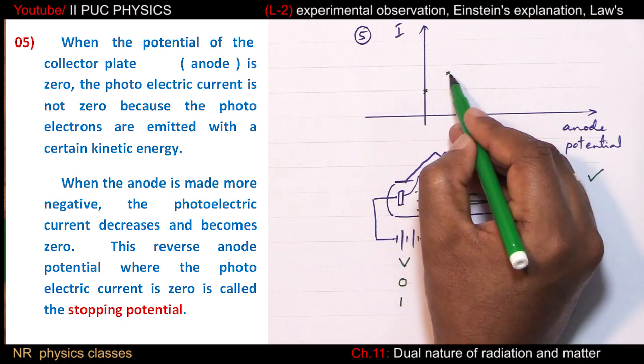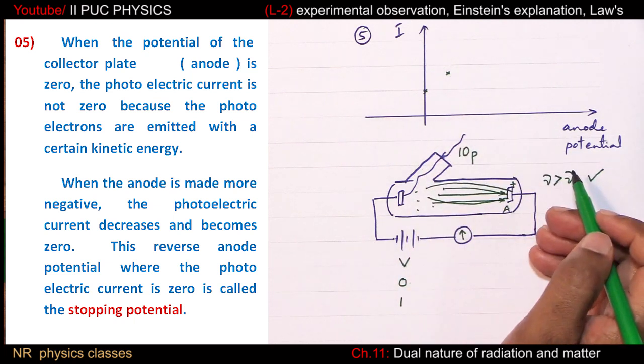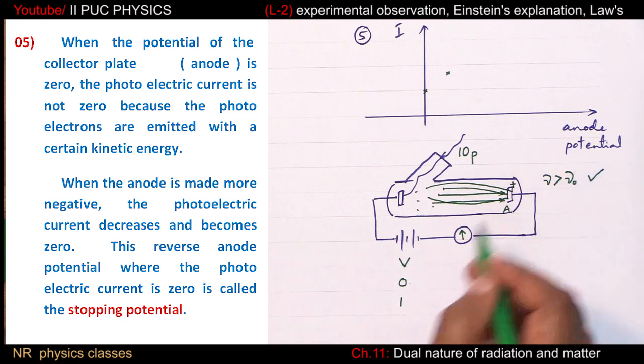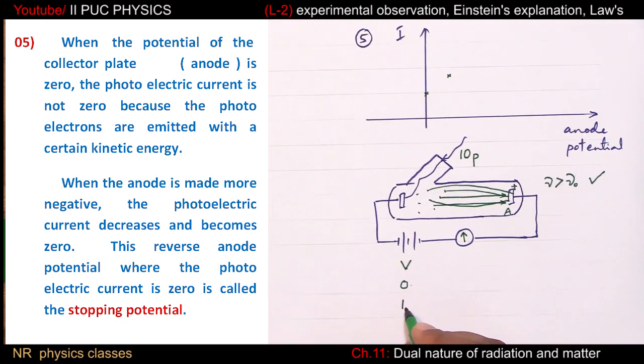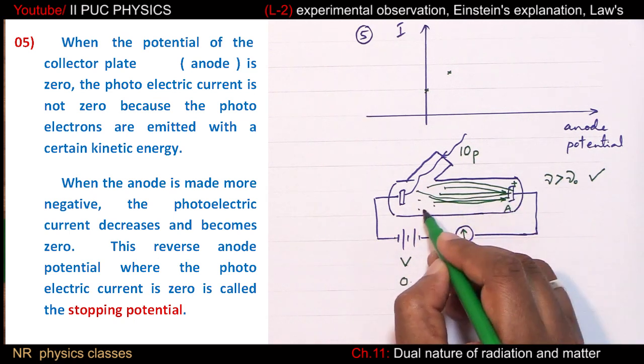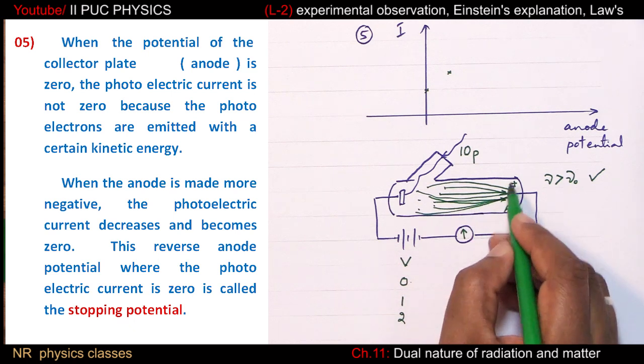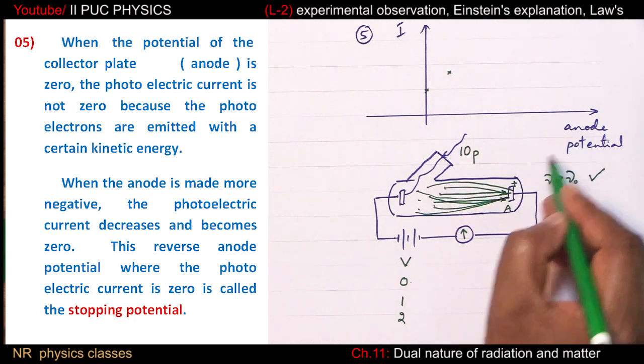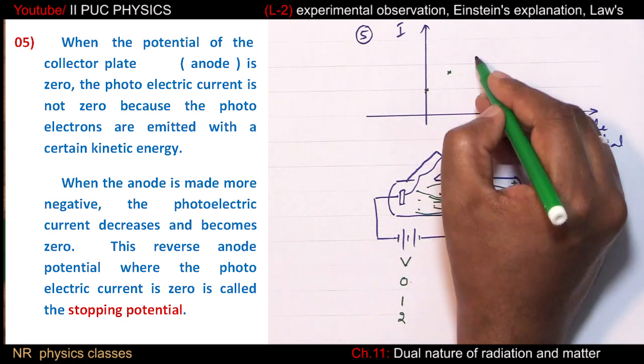So current increases. If anode voltage is made 2, anode voltage is further increased, few more electrons can reach. As a result, current also increases.